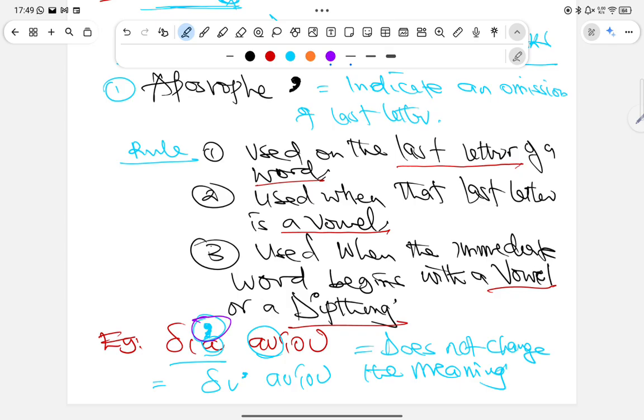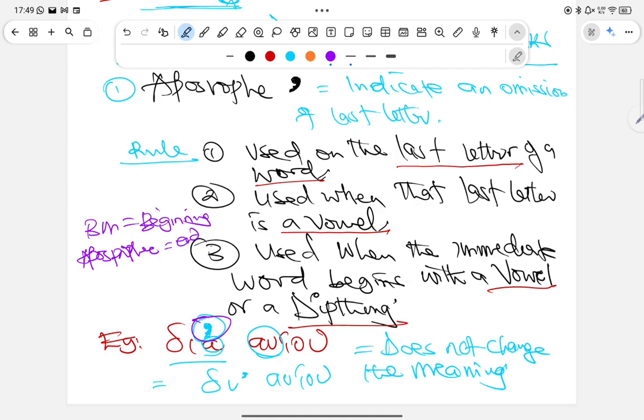You notice the difference? Breathing mark, beginning. Apostrophe, end of the word. Hopefully you get the difference. Very important, something to recognize and identify.